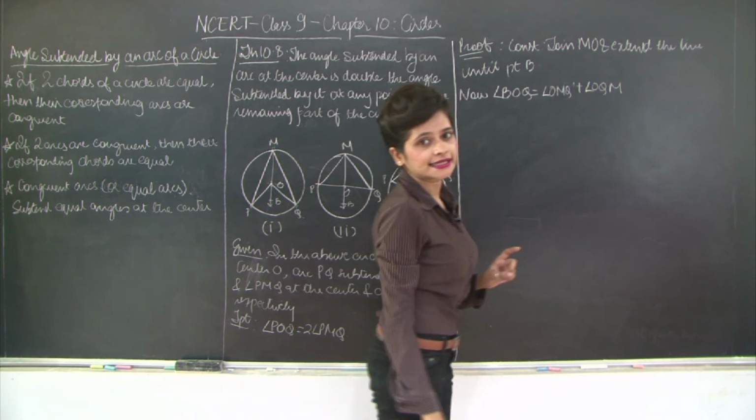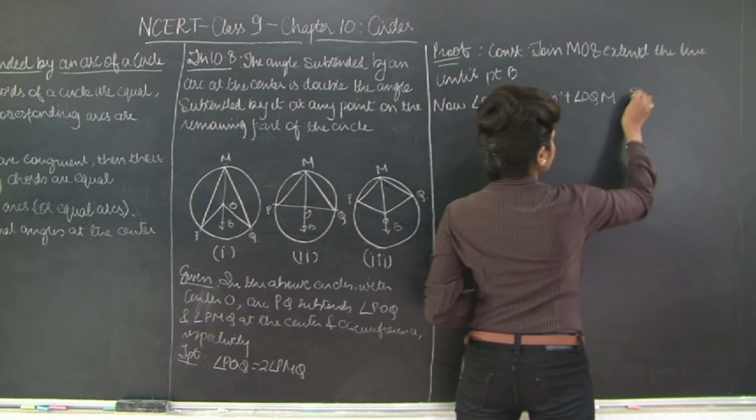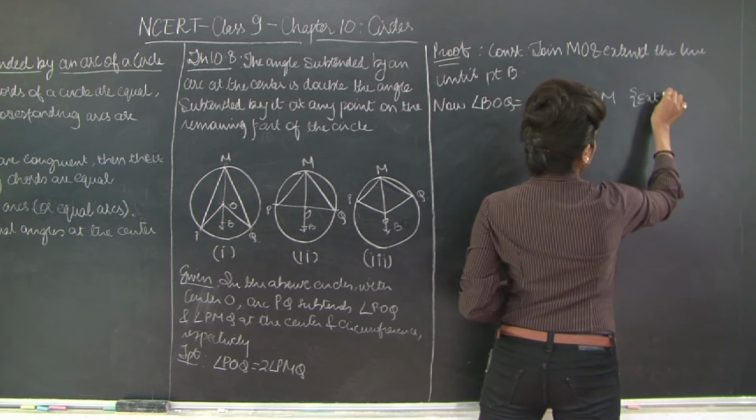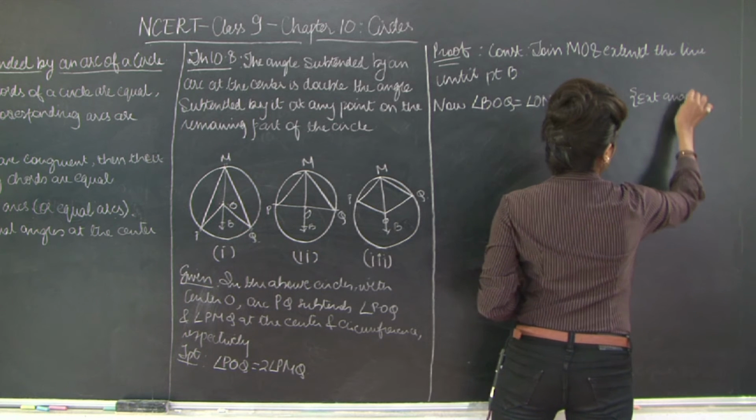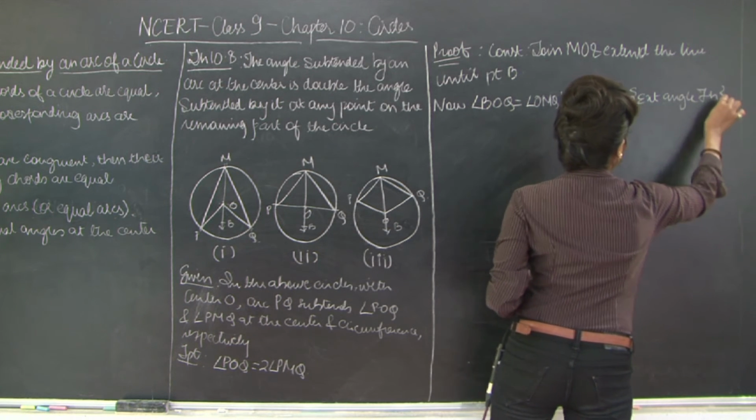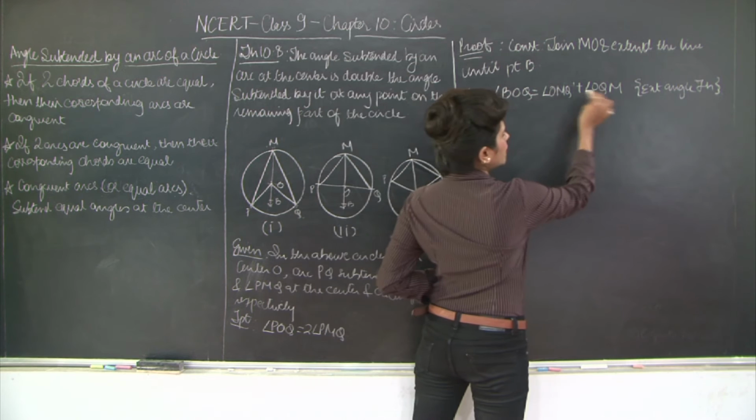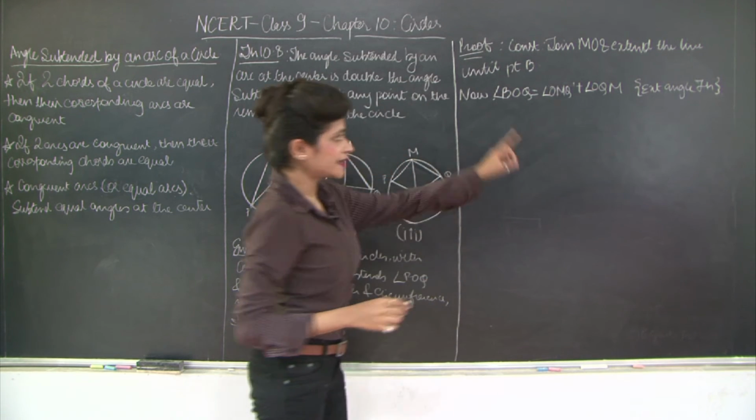Why? Through the exterior angle theorem. So BOQ is OMQ plus OQM through exterior angle theorem.